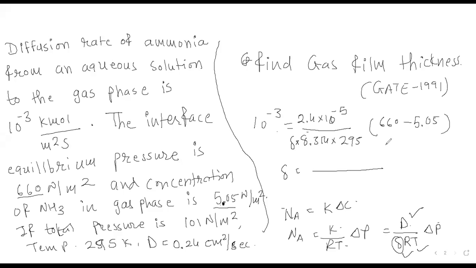Here 8.314 will be in the unit of kilopascal meter cube per kilomole Kelvin, and Newton per meter square is a Pascal. So this one is Pascal, this one is Pascal, but 8.314 is in kilopascal. So we have to divide by 1000. Again, I am saying Newton per meter square is a Pascal.